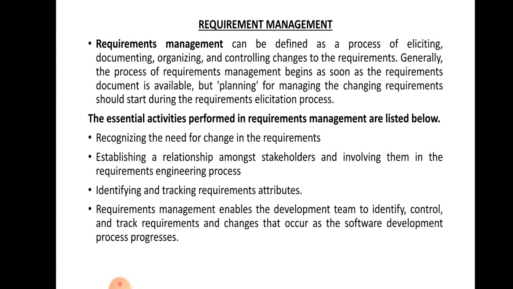Requirement management also enables the development team to identify, control, and track the requirements, and what changes occur, at what time and in what situations the changes are made in the software requirement process.